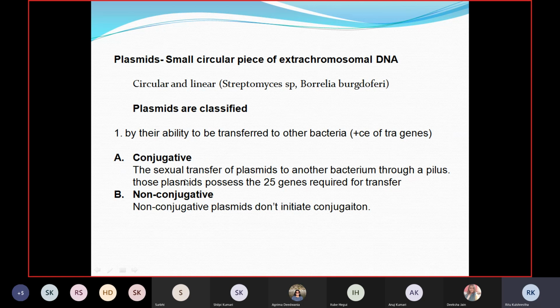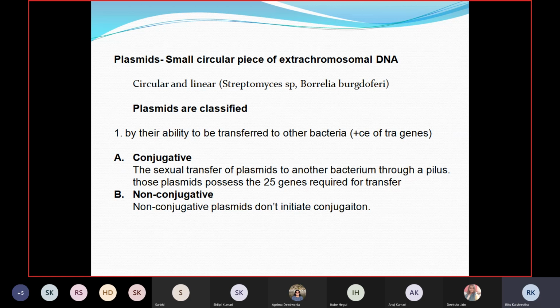And you want them to be non-conjugative because you do not want the recombinant plasmids, in which you have cloned your gene of interest, to be spread from the bacteria into the environment.